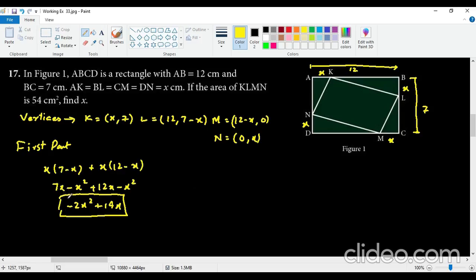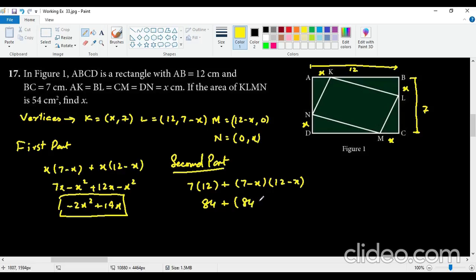Now comes the second part. I'm doing it right in front of you so that you can understand better. The second part says that 7 times 12 plus 7 minus x and 12 minus x. First we see what we get with this. We get 84 from here, and when multiplied together it gets 84 minus 12x minus 7x plus x square.